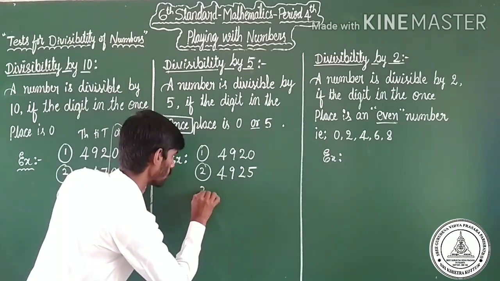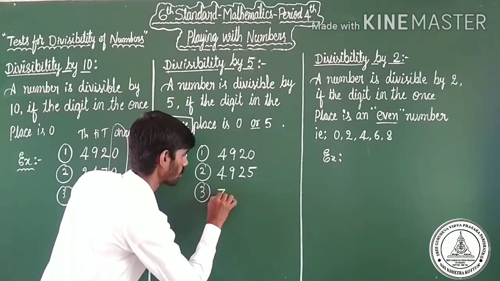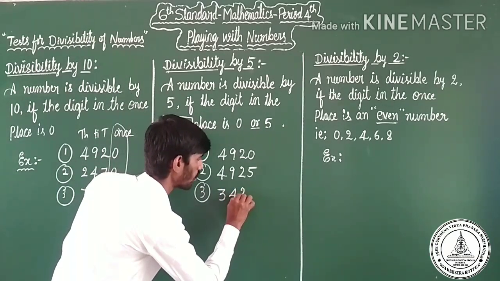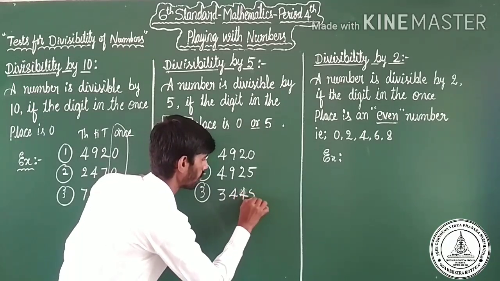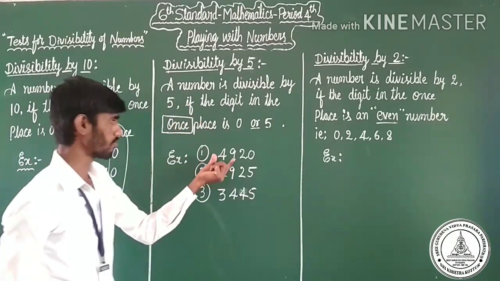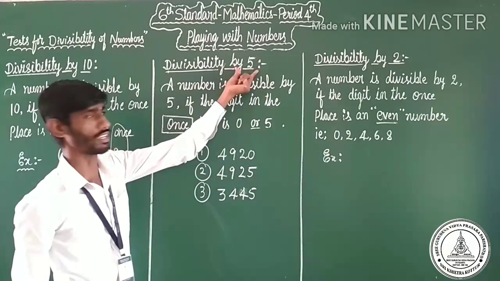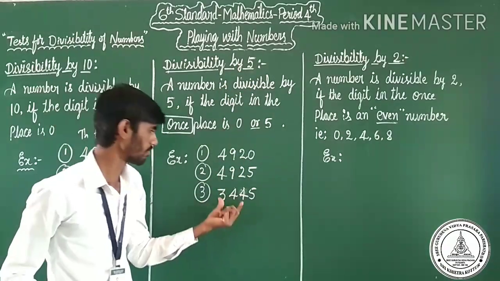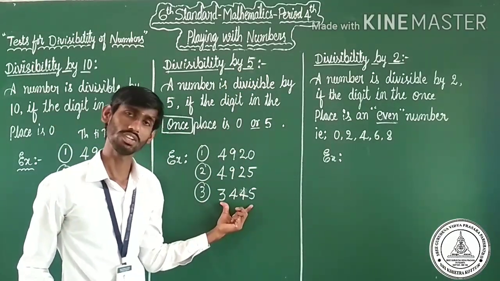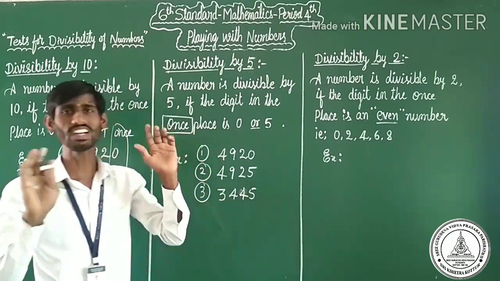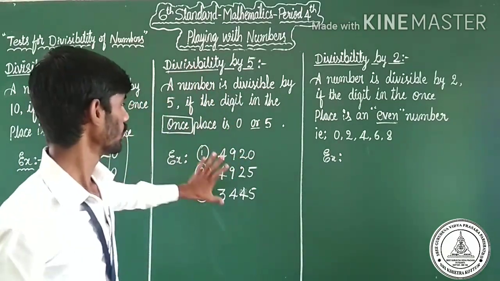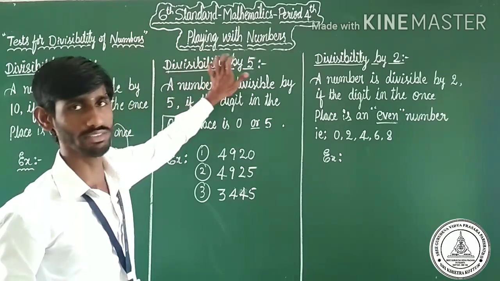One more example, the third example, 3445. Choto, 4920 divided by 5, you will get 0 as the remainder. 3445, you will also get 0 as the remainder. So finally you conclude that these numbers pass the divisibility by 5.